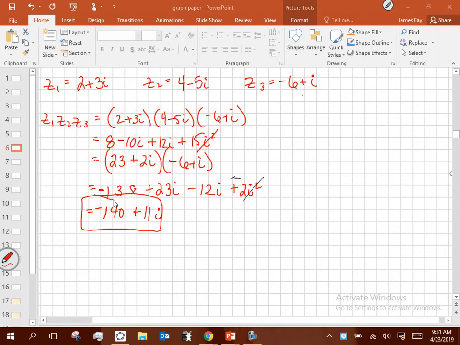I don't know if you guys are aware of this, but your TI calculator will do products of complex numbers. So just double checking before we go on: negative 140 plus 11i. Okay.